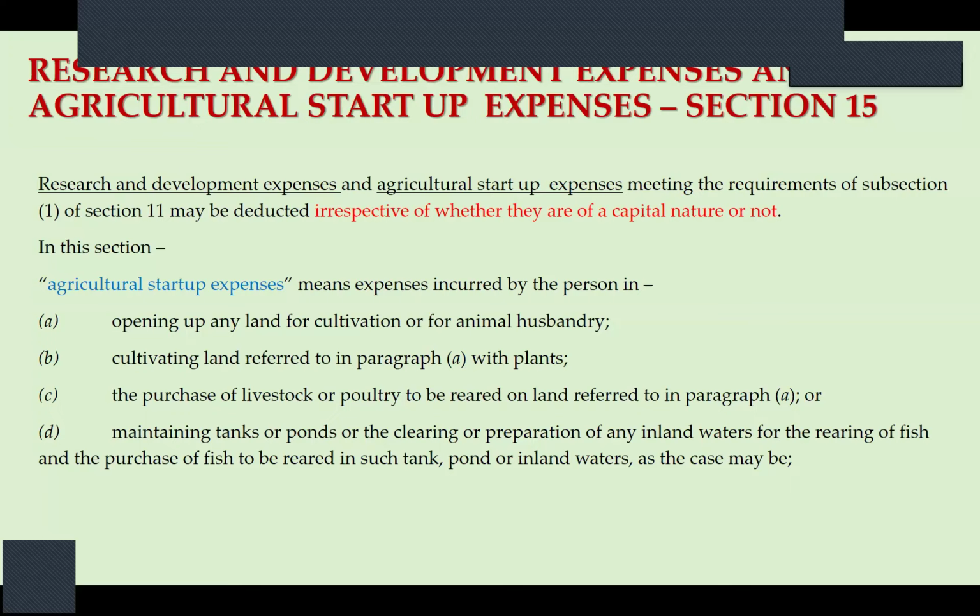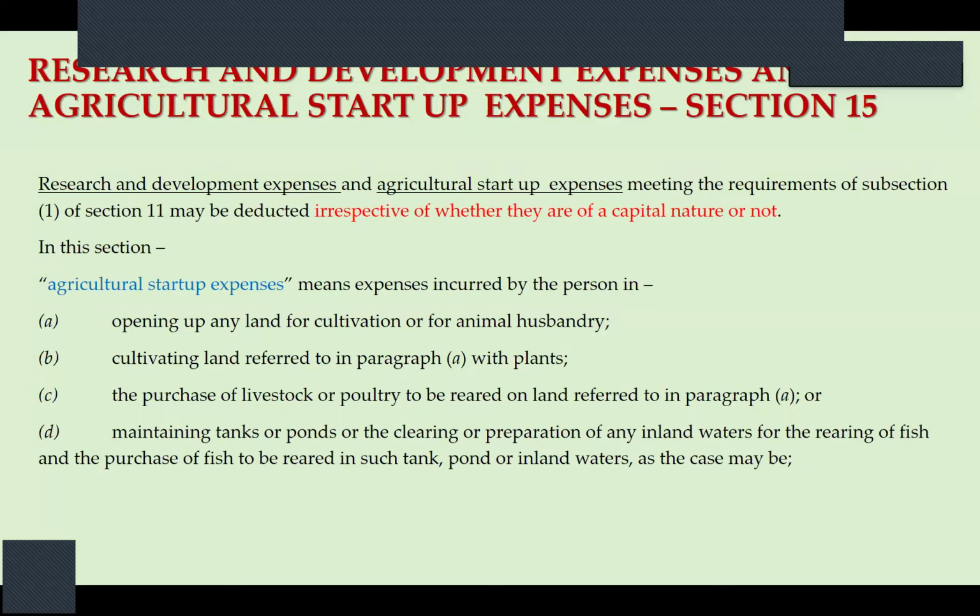Okay, then agricultural startup means opening up any land for cultivation or for animal husbandry. So agricultural means not only the plant, not only the cultivation, but animal husbandry is also a part of that. First one is opening up a land, then cultivating land with plants.